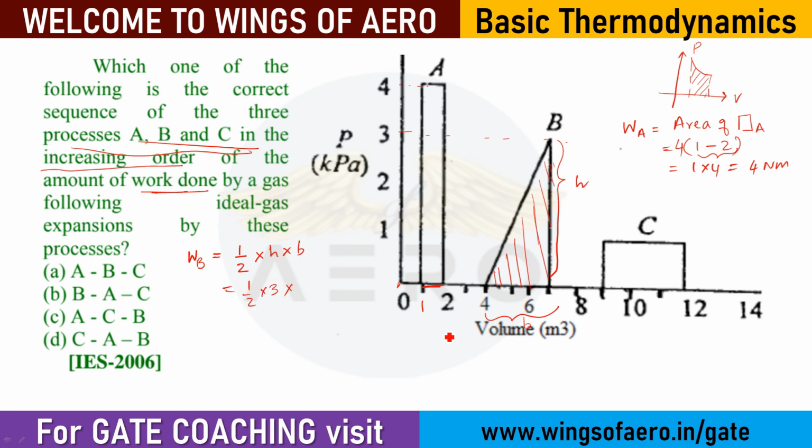And what is the base? 4, 5, 6, 7. This is 7, so 7 minus 4. So half into 3 into 3, so 9 by 2 you get 4.5 Newton meter.